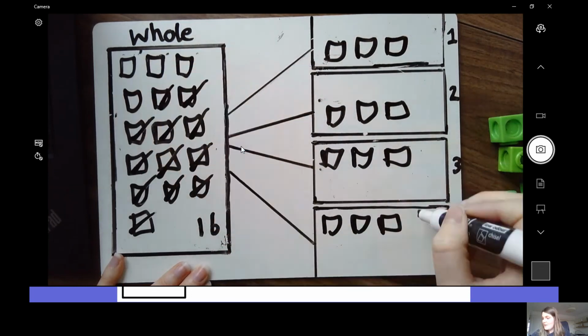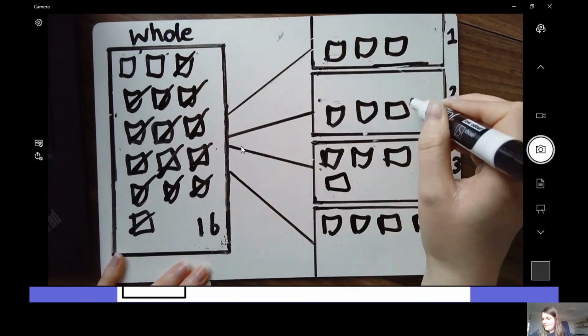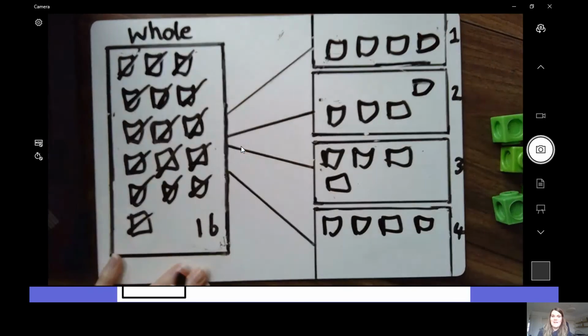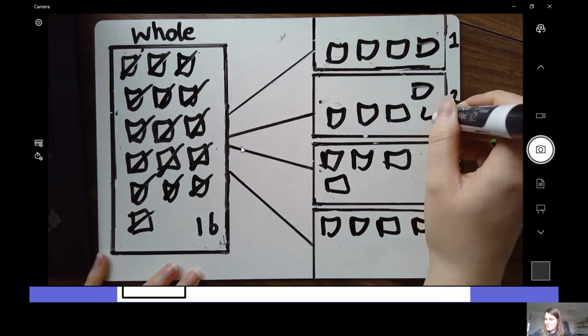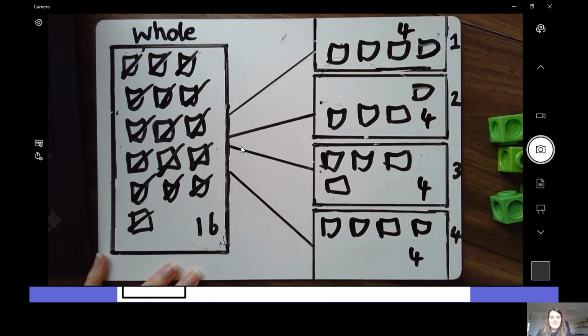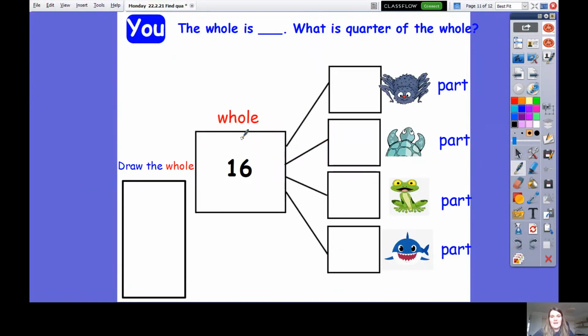Keep going, well done. 13, 14, 15, 16. You are absolutely right. Each part has 4. Quarter of 16 is 4. Fantastic. The whole is 16 and each part is 4, which means quarter of 16 is 4.